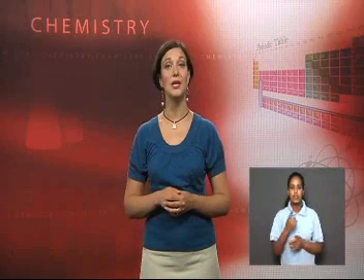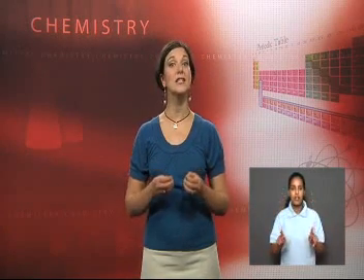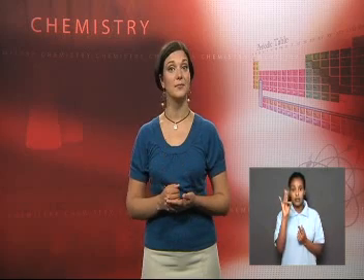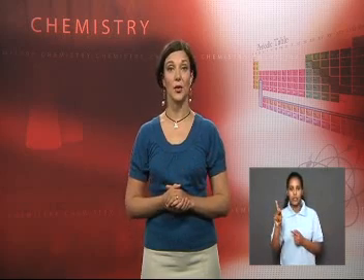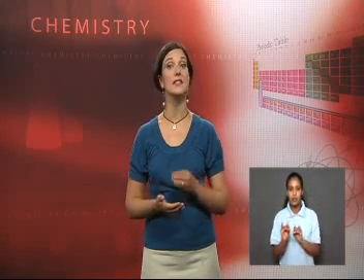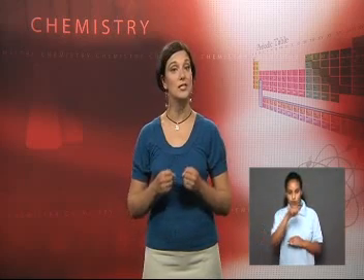The modern periodic table has 18 groups and 7 periods. All of the elements are placed on the periodic table in accordance with their valence electrons entering the orbital of lowest energy.